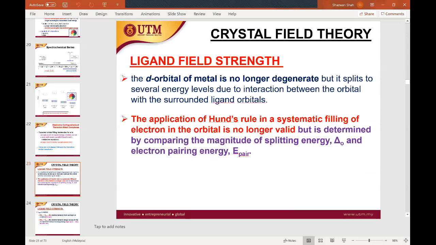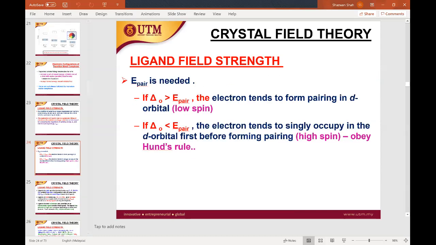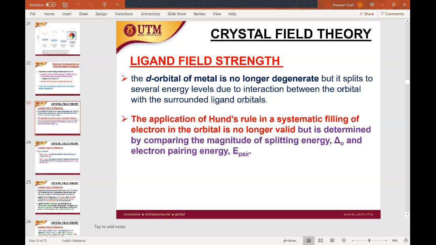So when we fill in electrons in the orbital, we must follow Hund's rule. So we fill in electron in lower energy first and then to higher energy. Here we have one term called splitting energy.